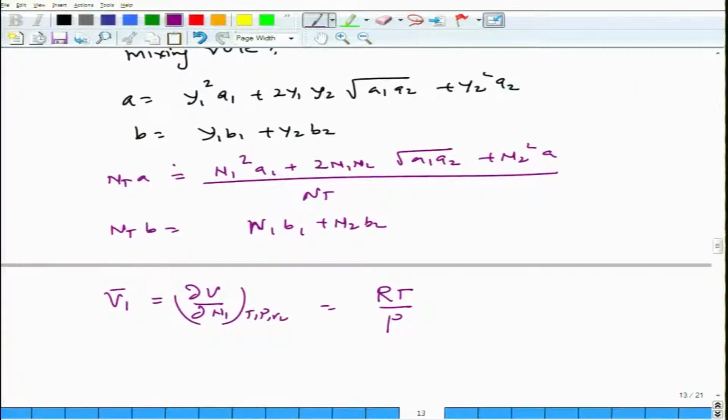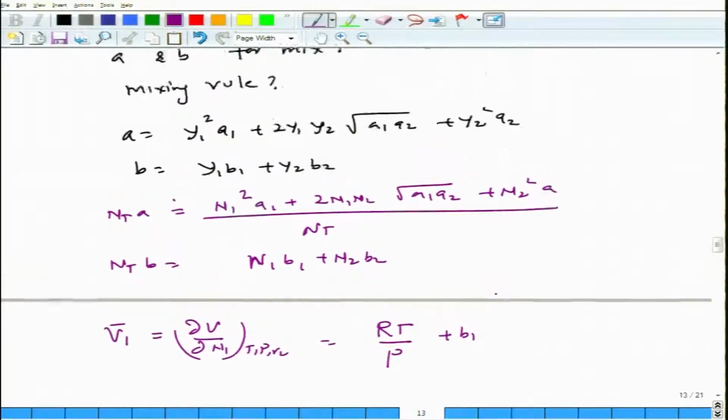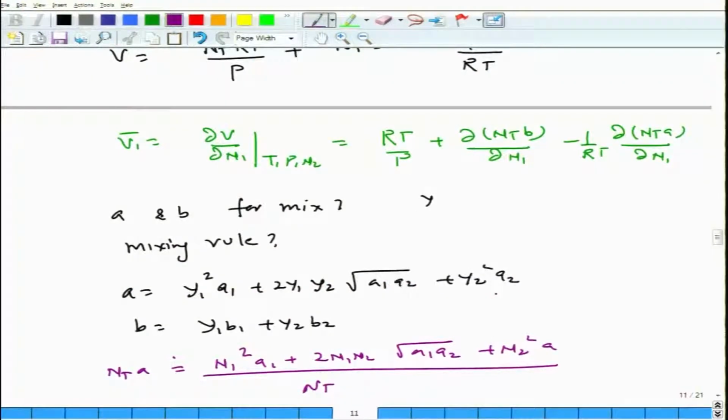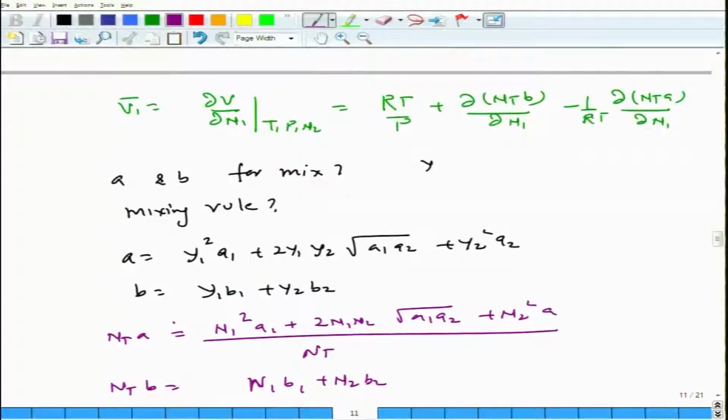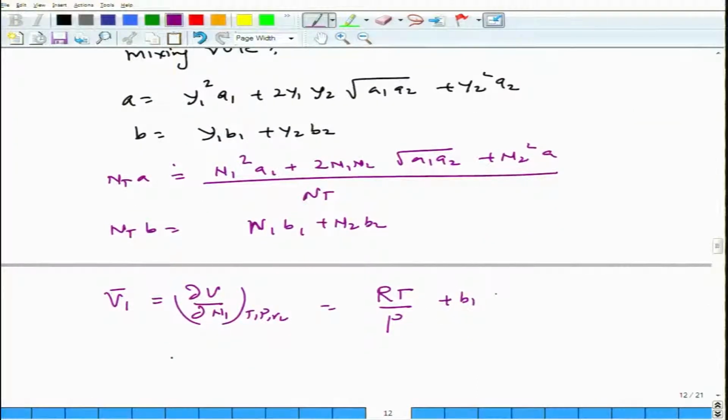So, the second term is nothing but B1. Then you have minus 1 by RT, and then you have this term which you have to worry about. I am going to write down the expression, how we got whatever expression we got.